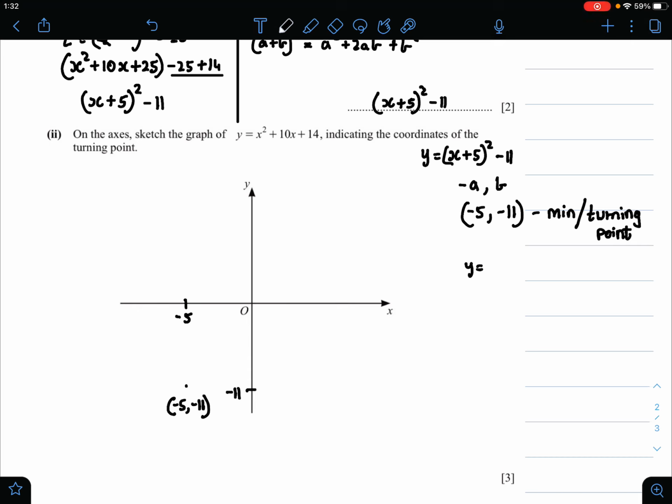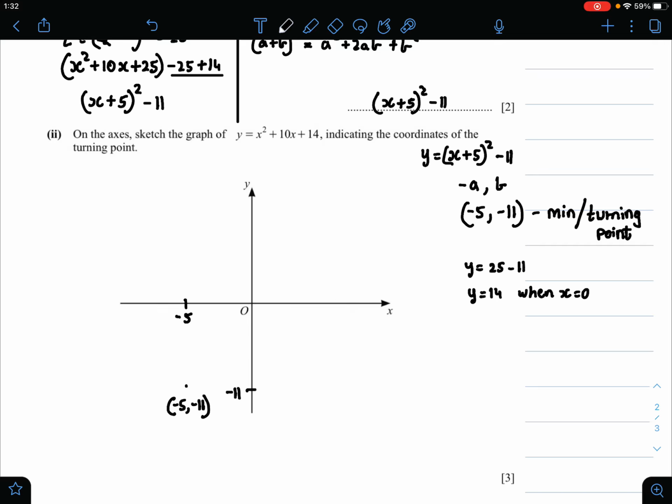So y is equal to 0 plus 5, which is 5, 5 squared is 25, and minus 11. So y is equal to 14 when x is equal to 0. So your y-intercept will be positive 14.